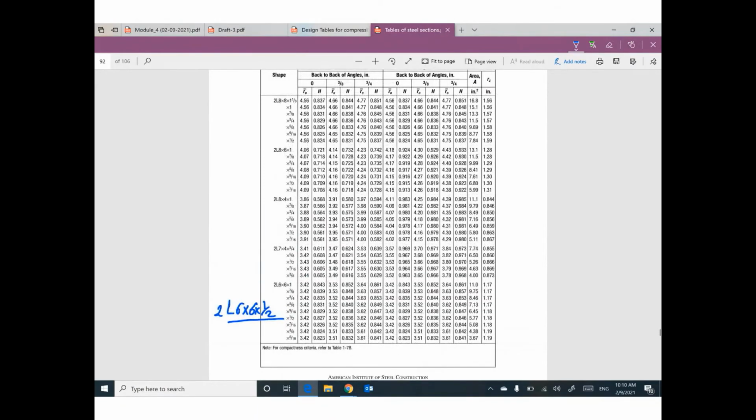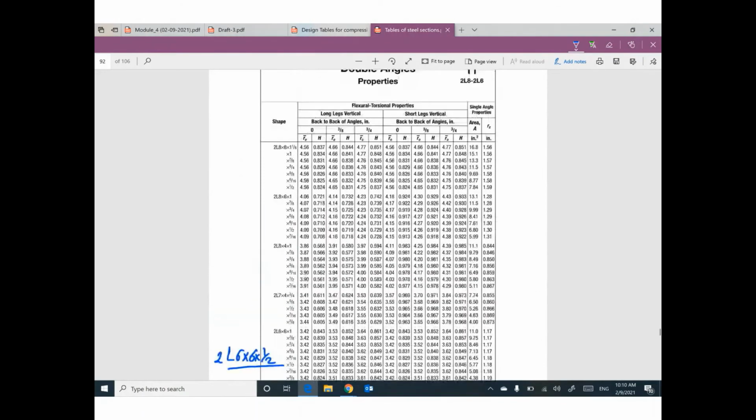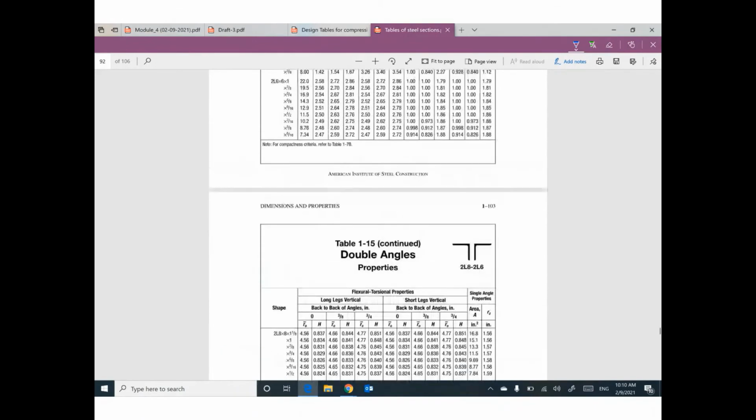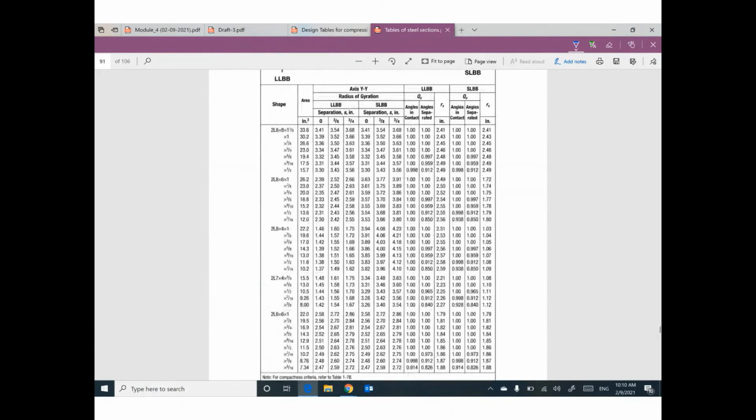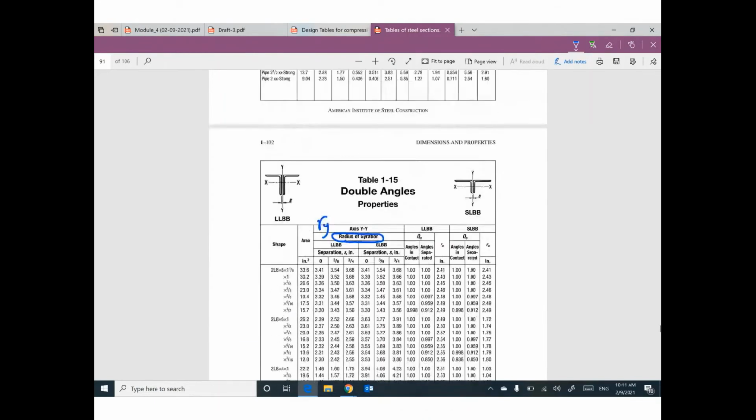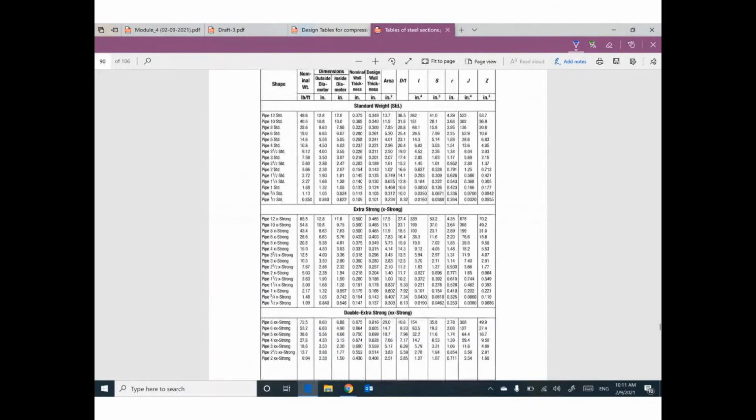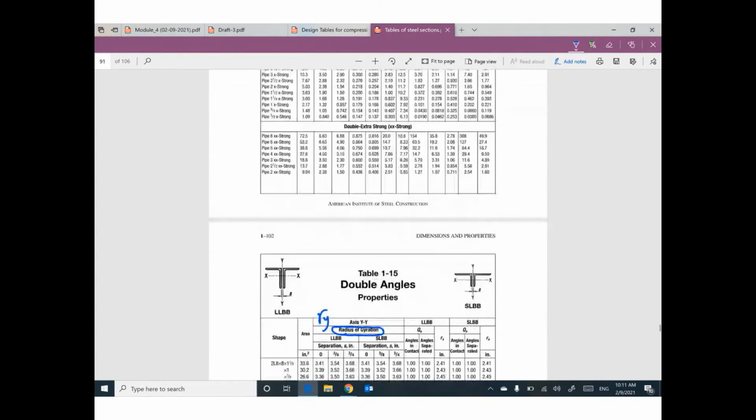This table can give you, we will go to the other page, the value of radius of gyration, which is Ry. If you go back to the previous one, okay, we can use this one.